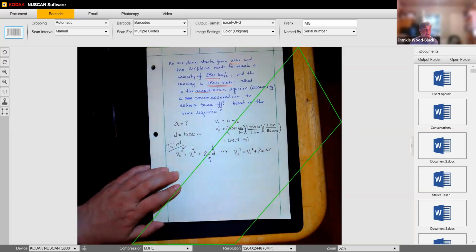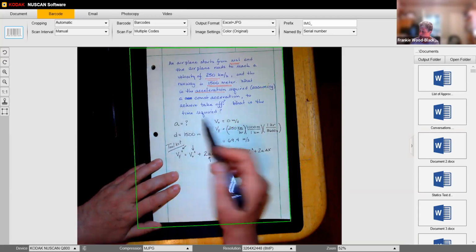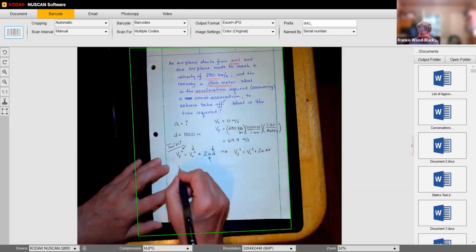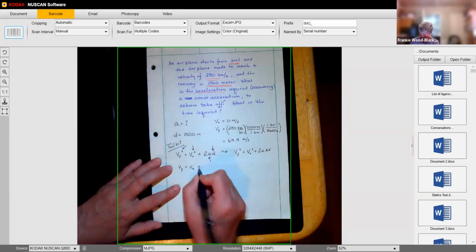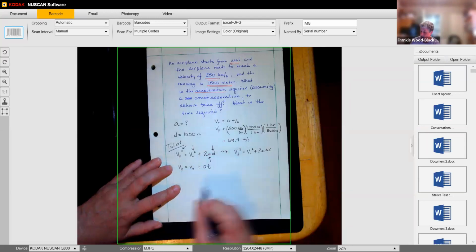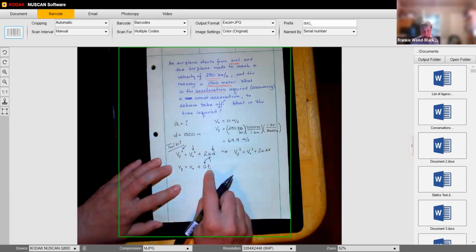So I'm probably going to use that, but we also know that I have a time required. So I've got something else that I've got to deal with. I've got a time required. So I'm probably going to need something else as well. I've got V final is equal to V initial plus acceleration times time. And if I know acceleration, this one's going to allow me to find time, so I can use that equation.